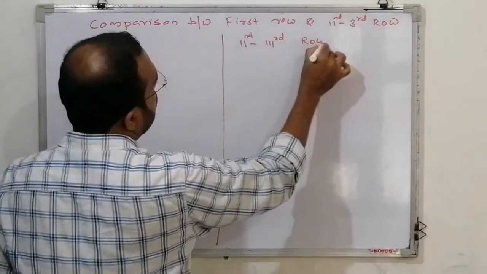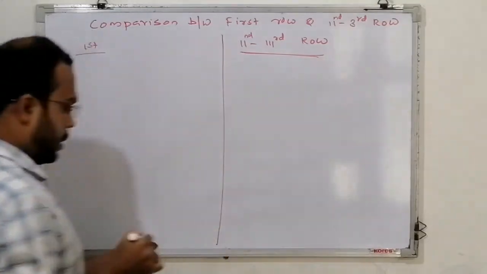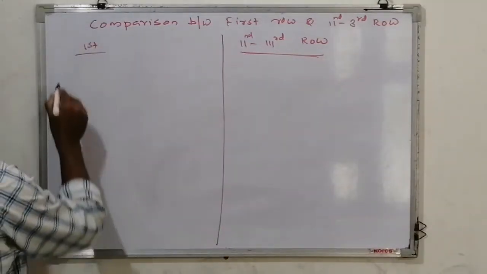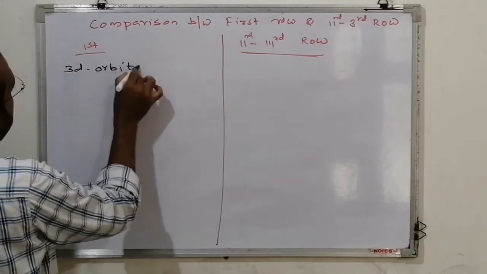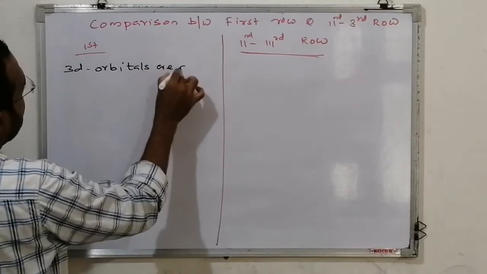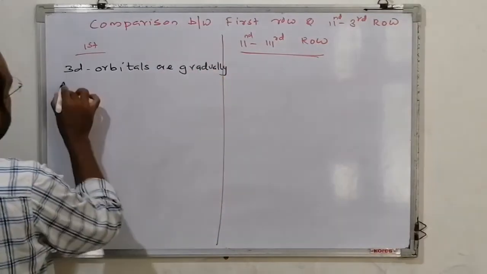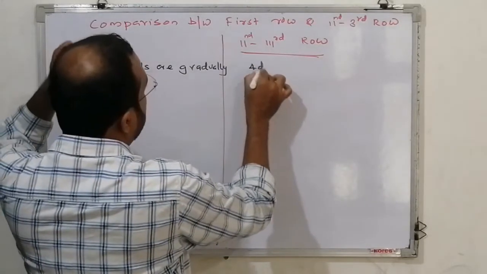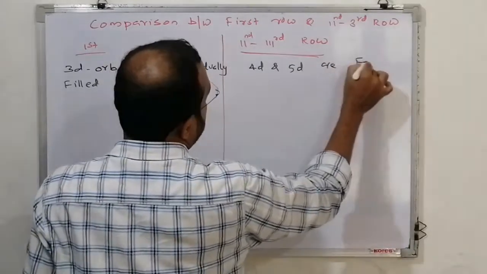We know that here 3D orbitals are gradually filled, but in this case, 4D and 5D are filled.